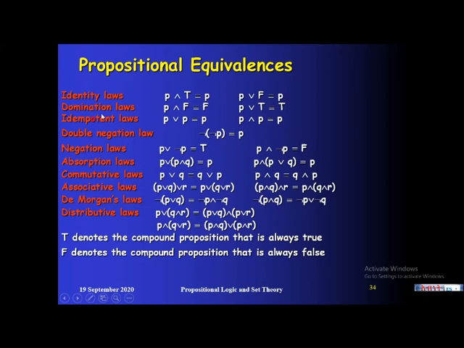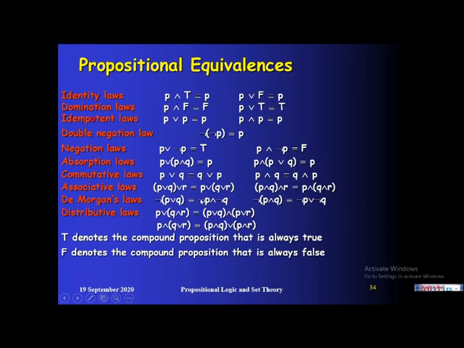So these are called identity laws, domination law, complement law, double negation law. By the way, what is the negative of negative 3? 3. Like that, the negation of the negation of P is also P.